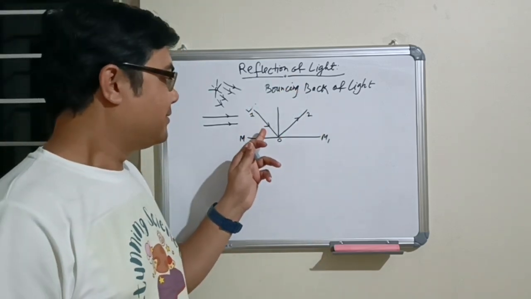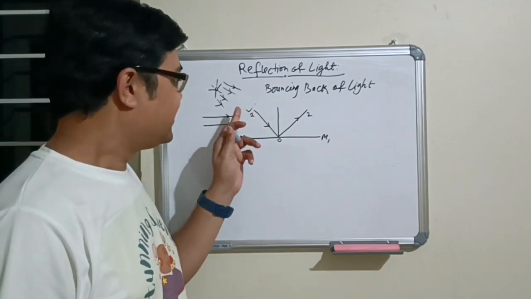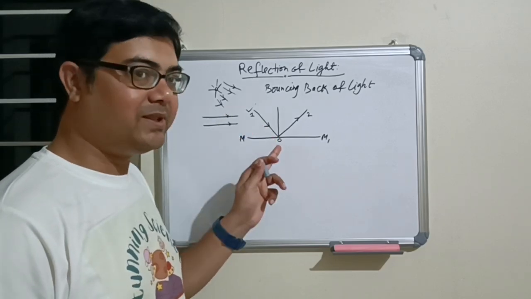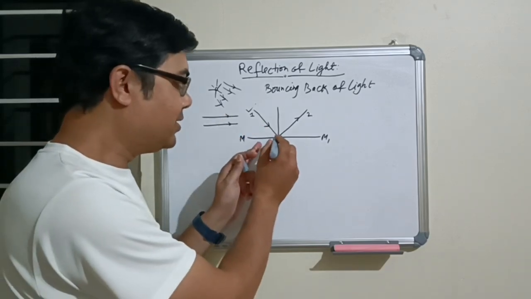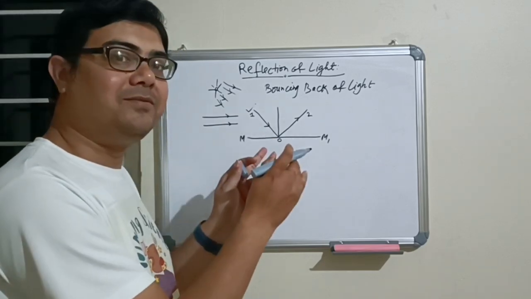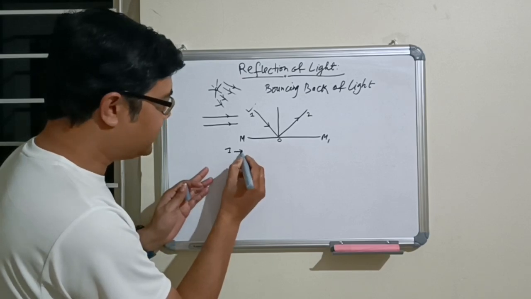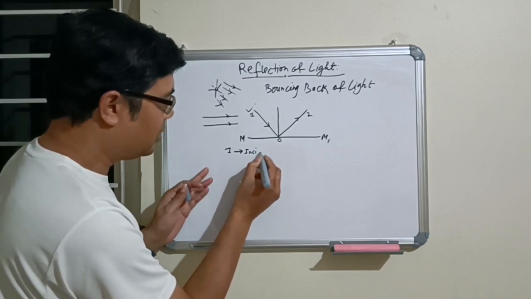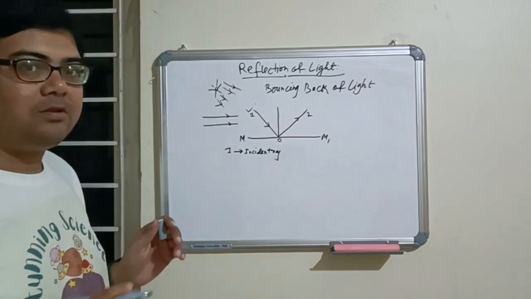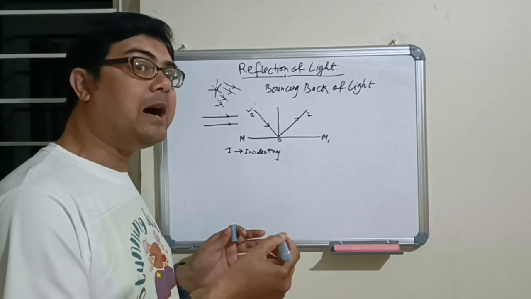Now let us understand a few terms. Ray 1, when it is falling on the mirror surface at point O, is known as the incident light or incident ray. What about ray 2 after reflection?